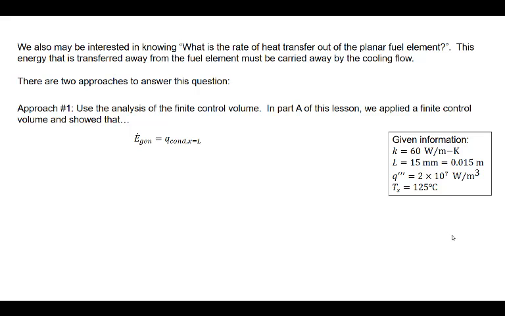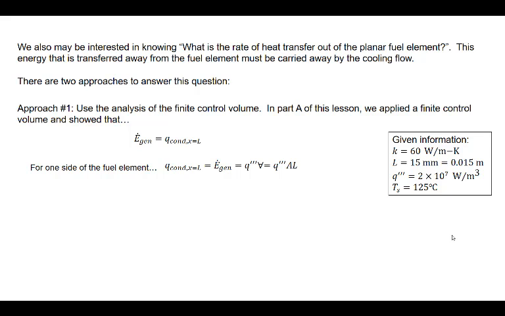In the first approach, we use the analysis of the finite control volume conducted in part 1 of this lesson. We applied a finite control volume and showed that the overall rate of thermal energy generation in watts must equal the rate of heat transfer out of the fuel element at the surface by conduction.